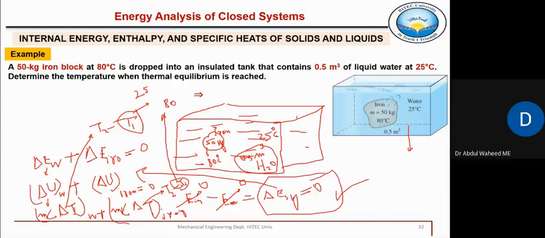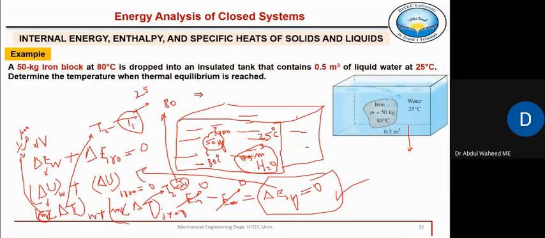M of iron block is given. M of water आप find कर लेंगे from density of water multiplied by volume of water. Volume of water is given 0.5 meter cubes. Density of water is 1000 kilograms per meter cube for liquid water. ठीक है. Density से find कर लें या 1 over specific volume of liquid water.